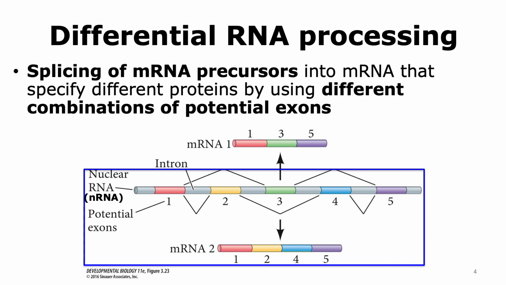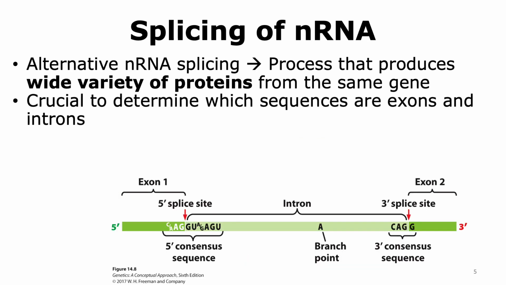Both these messenger RNAs, even though they arose from the same nuclear RNA, will code for proteins that are different from one another. The alternative splicing of the nuclear RNA is a process of producing a wide variety of proteins from the same gene. The process of splicing requires identification of which sequences are exons and which sequences are introns.